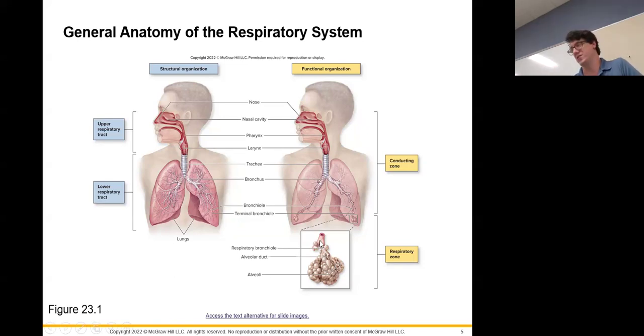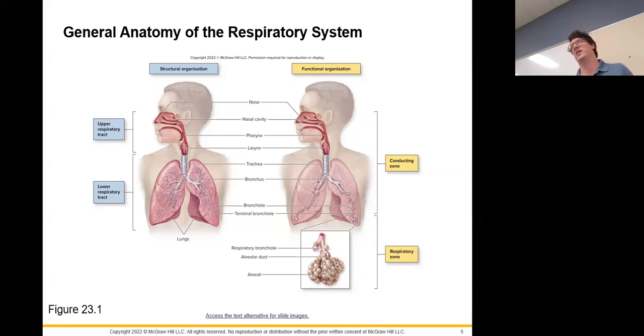Now, it being connected to a muscular tube is important though, because we don't use all of them all the time, okay? Instead, we are going to close off these tubes a little bit whenever we don't need to make use of the entire thing. So we can constrict or open these alveolar ducts or these respiratory bronchioles a little bit so that we can regulate how much air is moving into or out of particular groups of alveoli based off of what we need.